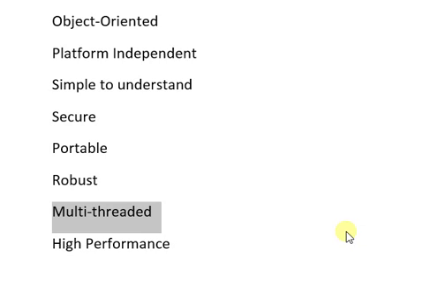One process can contain multiple threads, multiple tasks, but one thread cannot hold multiple processes. Okay, so a thread is an individual task. So multi-threading means multiple threads can be handled at the same time by Java.